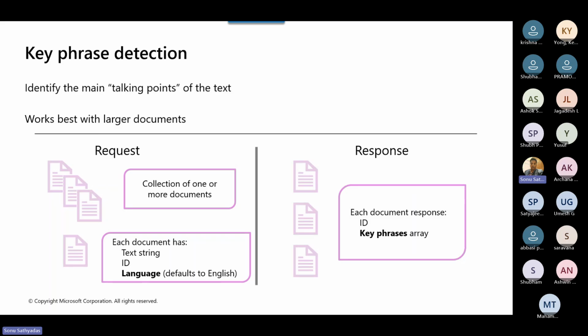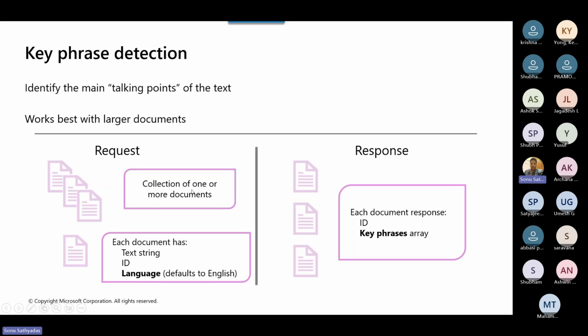So we can use the key phrase extraction API, where we can provide one document or multiple documents as input, and it is going to return the key phrases. Every document should have the text content, ID, and a language. By default, the language is detected as English. But if you are sending a different language, then you have to explicitly specify the language parameter. Otherwise, it will consider it as English.